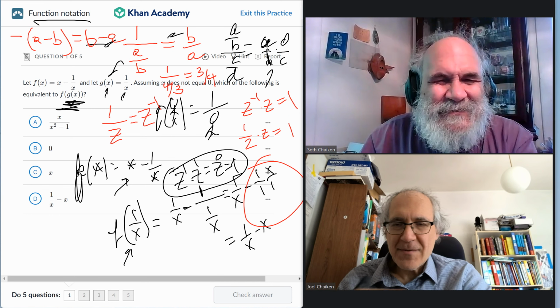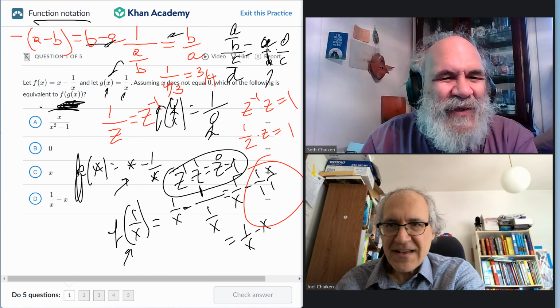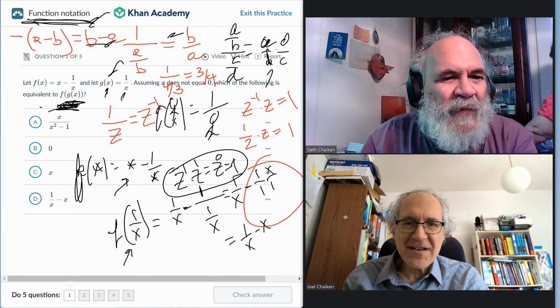But that's only part of this problem. The other part of this problem is understanding what to do with the function notation. This is the main part of the problem because the topic is called function notation, not complex fractions.